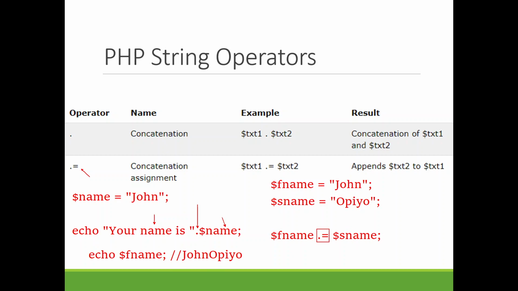The output of echo F name after doing this is going to be John Paul, without a space. So that is what the concatenation assignment operator is used to do.